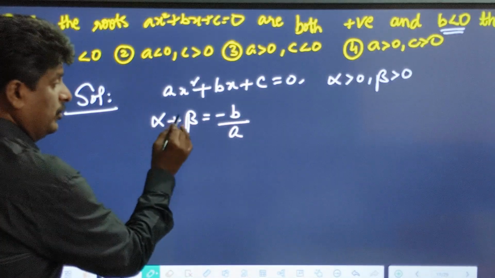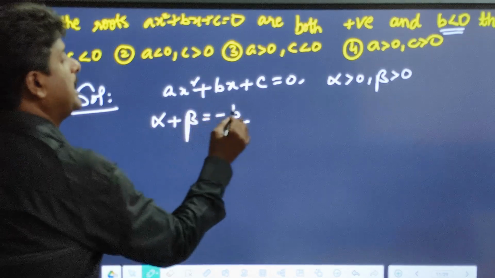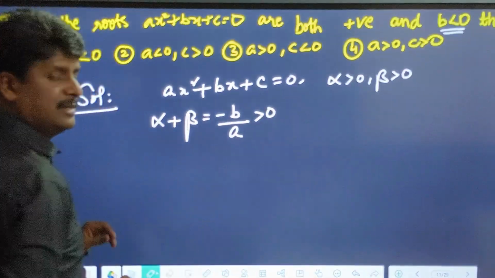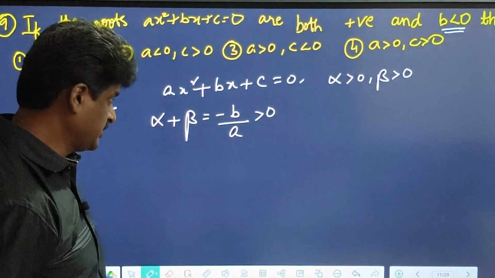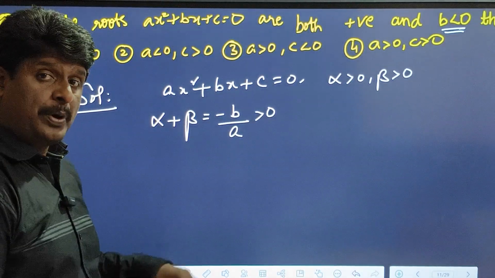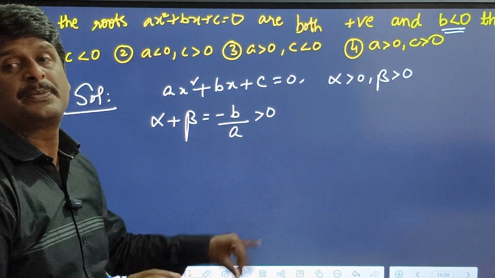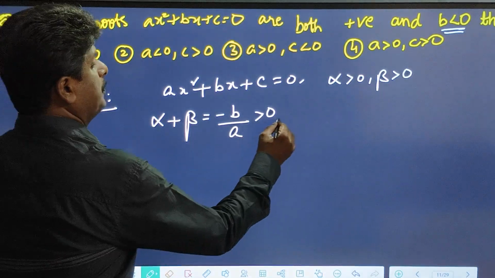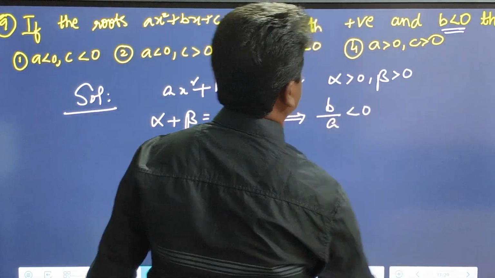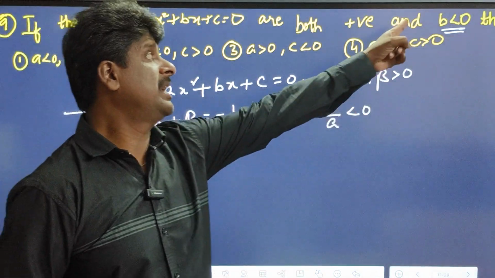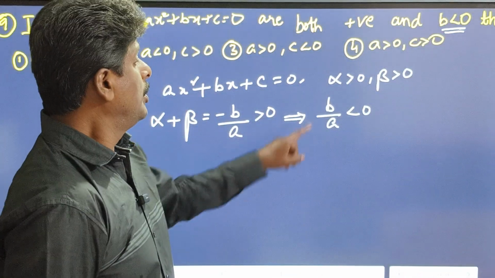Two positive roots' sum must be positive. This implies minus b by a is greater than 0, that is, b by a is less than 0. Already given that b less than 0.